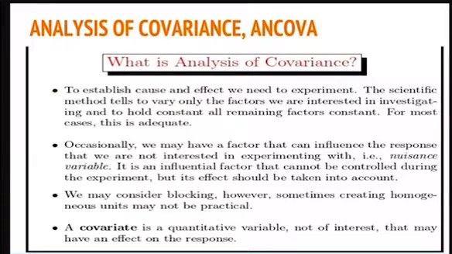But in a situation where that exists, it has to be continuous, not a categorical factor. Because if it is a categorical factor, then I'm not going to have ANCOVA anymore, but I'm going to have a 2-way ANOVA.